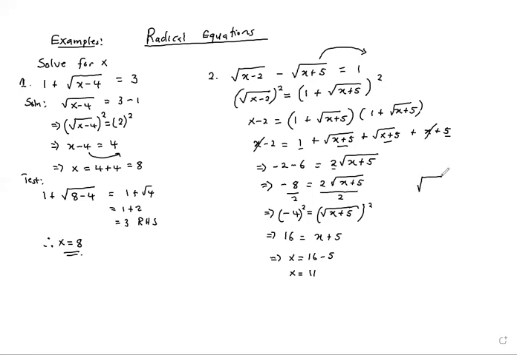So test: root of 11 minus 2 minus root of 11 plus 5. This is 11 minus 2, that is 9, minus 16. This is 3 minus 4, which is equal to -1.